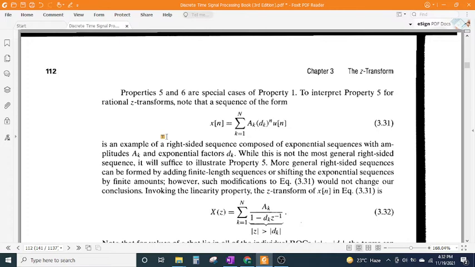Invoking the linearity property, the Z-transform of x[n] in Equation 3.31 is X(z) equals the sum over k from 1 to N of A_k / (1 - d_k z^(-1)), Equation 3.32, for |z| > |d_k|.